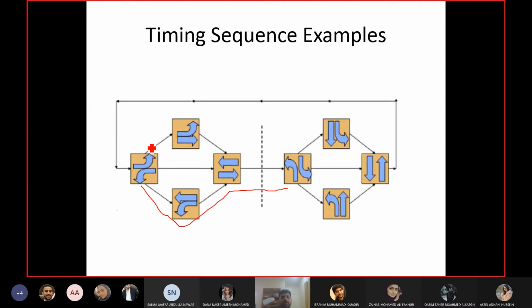Similarly, if you feel the other left turning is higher, then you may go like this, and so on. The same thing can be done on the right hand side as well. If you want to continue the left turning in the next phase, then you may go like this, or like this. So in total you can see 8 phases.